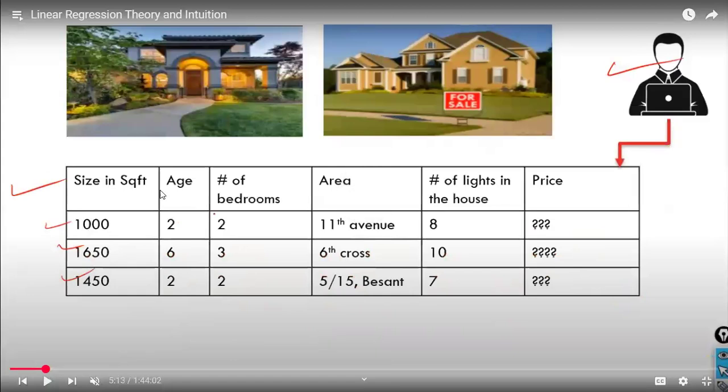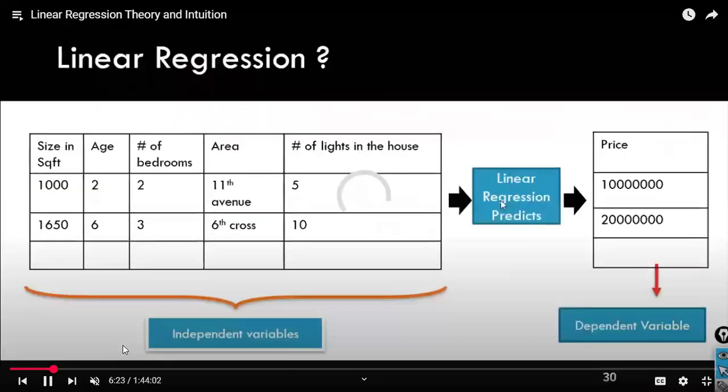So the same example: size in square feet, age of the house, number of bedrooms, area, and number of lights in the house, and price. So when you give all of the first five columns to your trained model, it has to predict the housing price. And here the historical data consists of the input features, the first ones, and the price is your output feature.